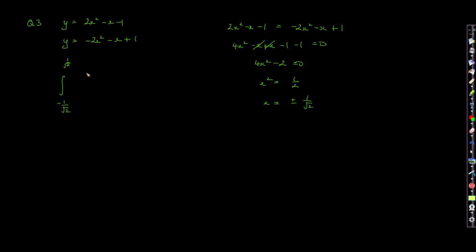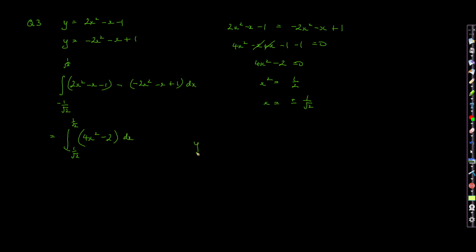And then when you take the top function and take away the bottom function, the one underneath, what you end up with is this definite integral. So you end up with 4x squared minus 2.